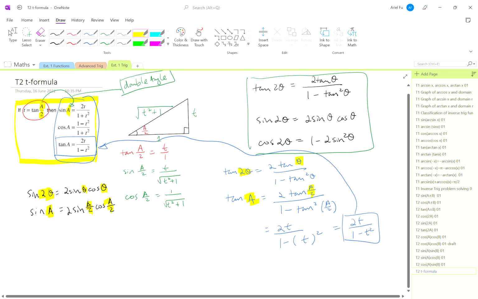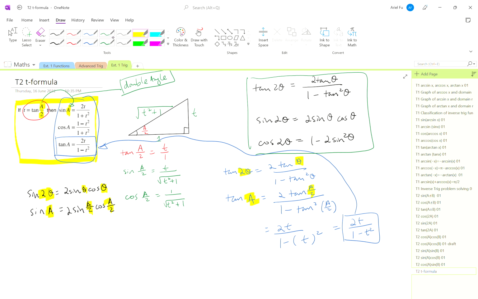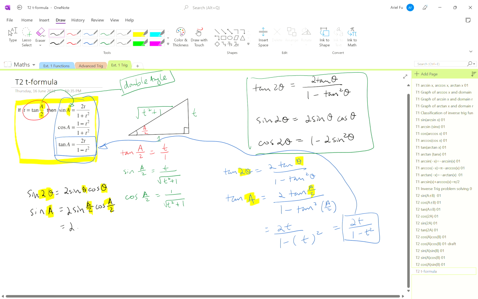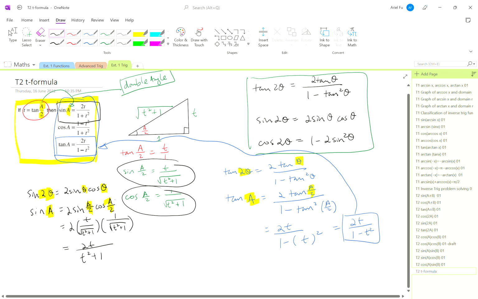It's double. So this is the same as 2 times, what was sine of A on 2? It was T over square root of T squared plus 1, times cosine of A on 2, which is 1 over square root of T squared plus 1. That is the same as 2T over T squared plus 1, which is the first one over here.